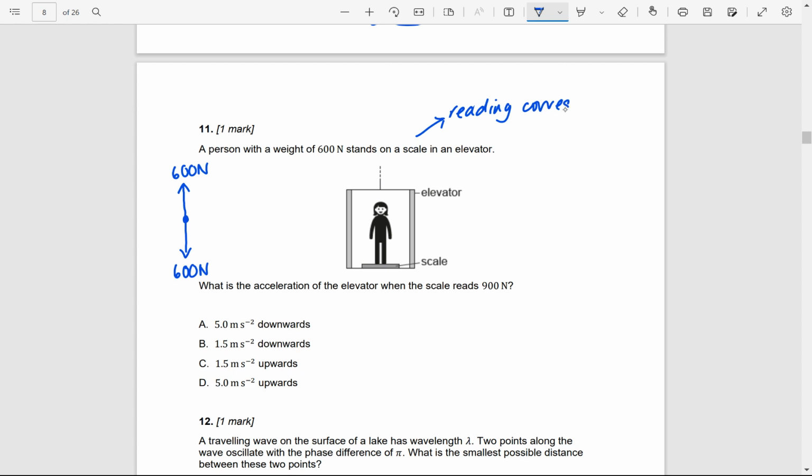The reading on the scale corresponds to the normal reaction on the ground.